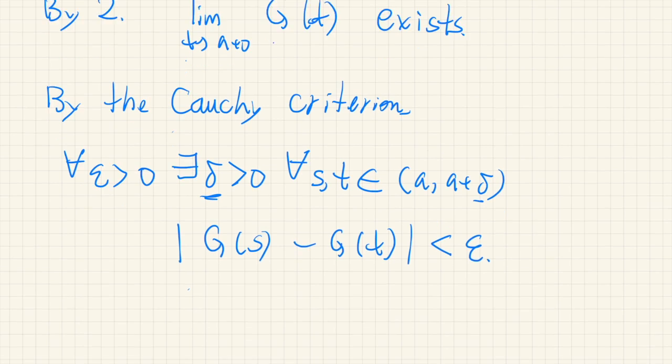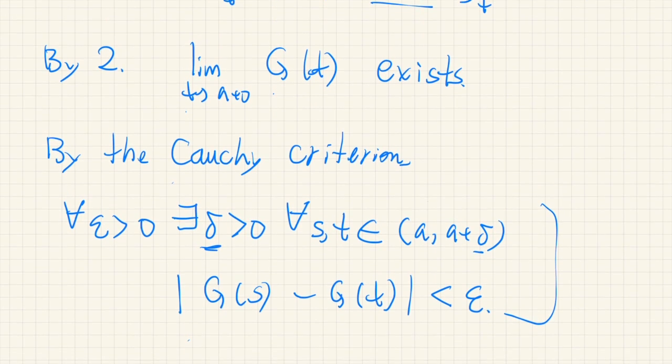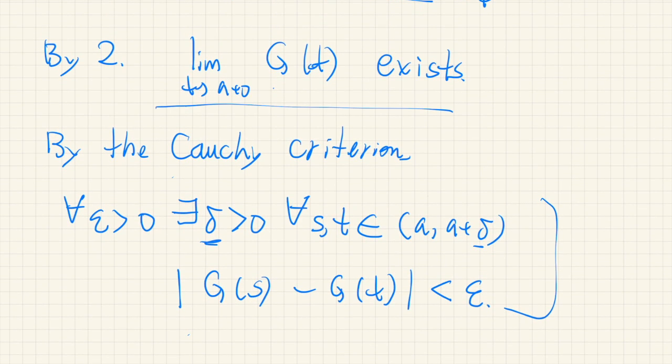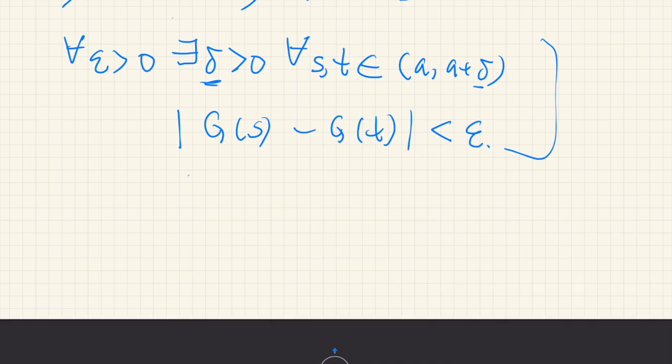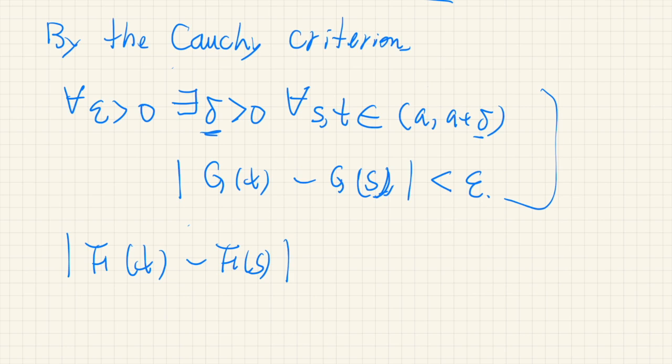So this holds because this limit exists, and vice versa. Maybe it's better to write t minus s for later purposes. Anyway, now let's consider F of t minus F of s, and the absolute value of this difference.